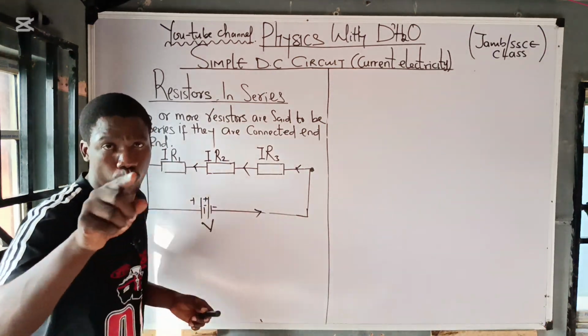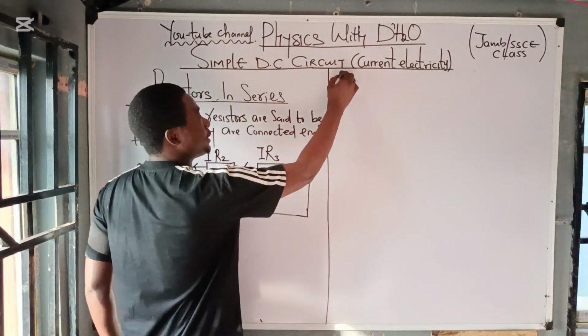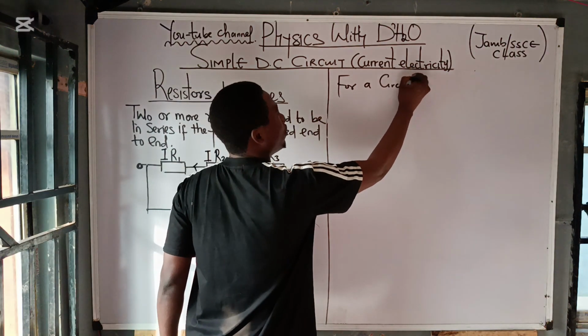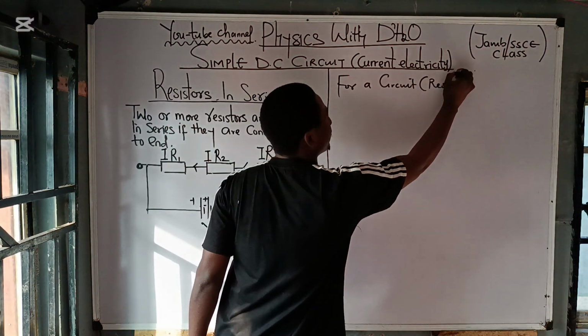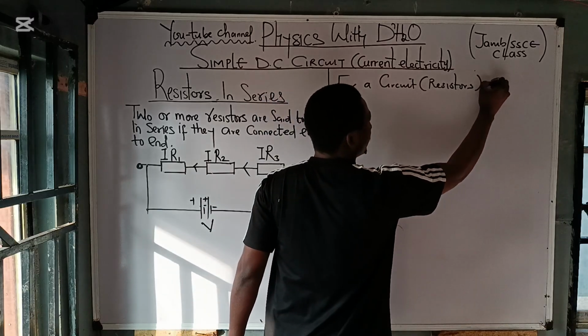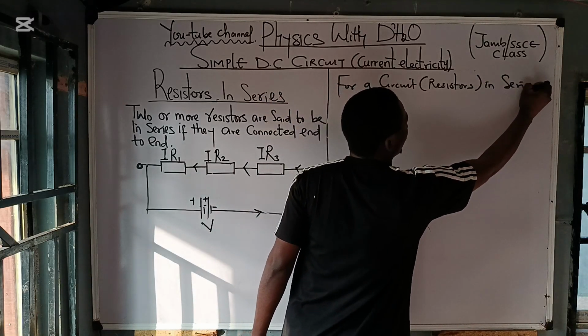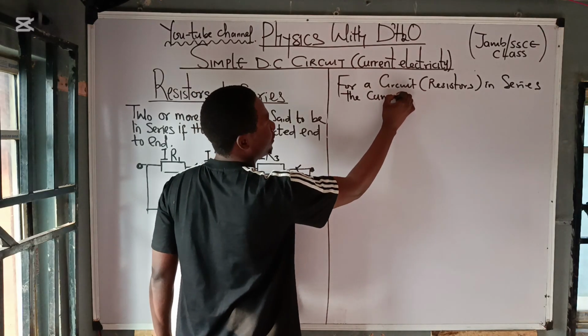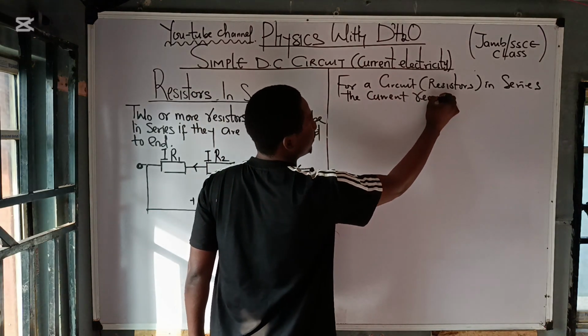So it should be noted that for a circuit of resistors in series, the current remains the same.